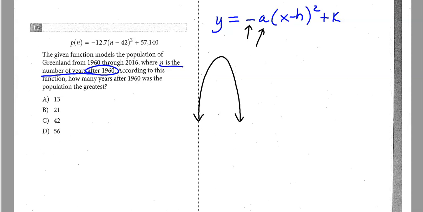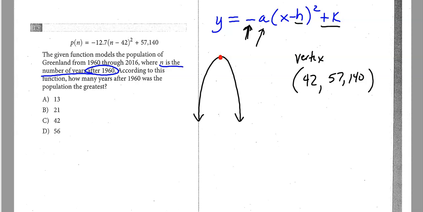But I know that the vertex is at (h, k). Well, h is 42, and k is 57,140. For a parabola that opens down, that's concave down, the maximum is going to occur right at the top, right at that vertex.